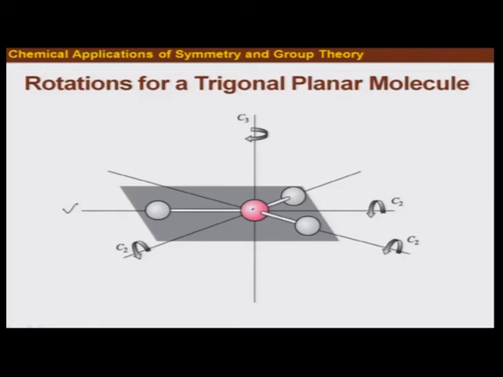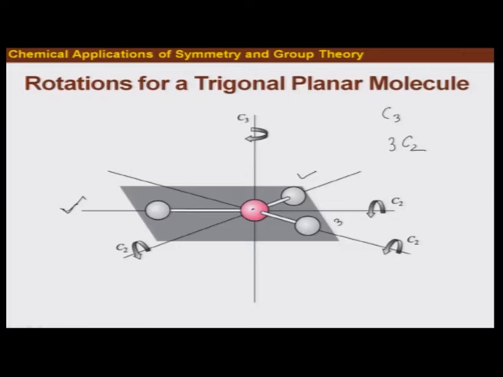So you have 3 boron fluorine bonds. So this is 1 and this is 2 and this is 3. So you can have the same type of C2 axis through each of these boron fluorine bonds. So you can essentially have 3 C2 axes for this molecule, and you can have 1 C3 axis.